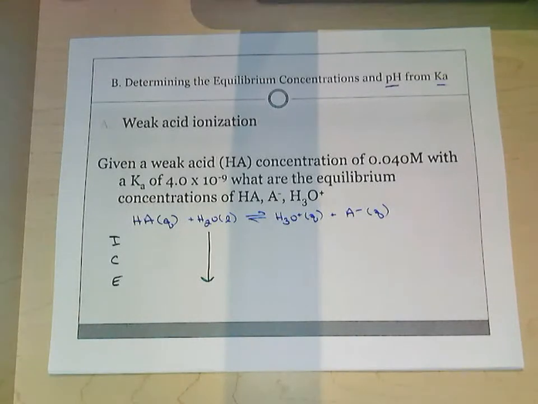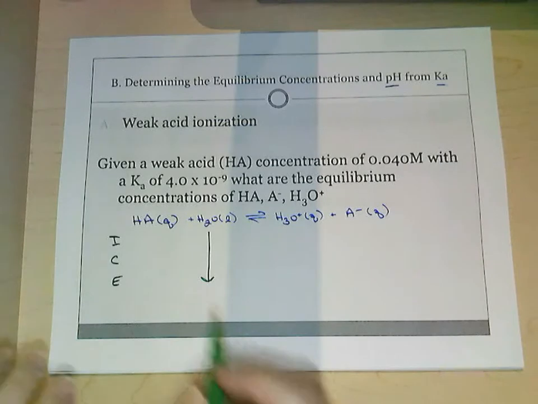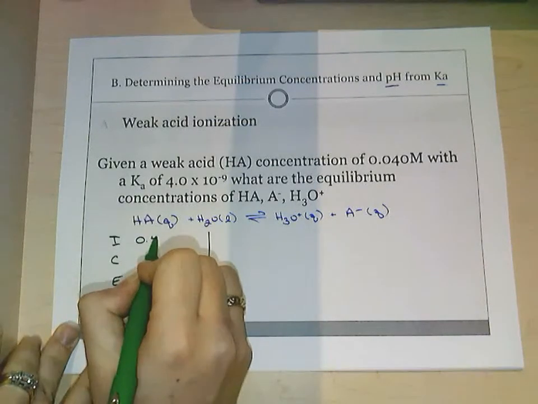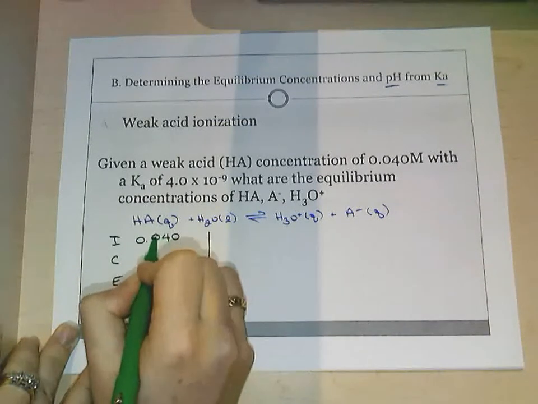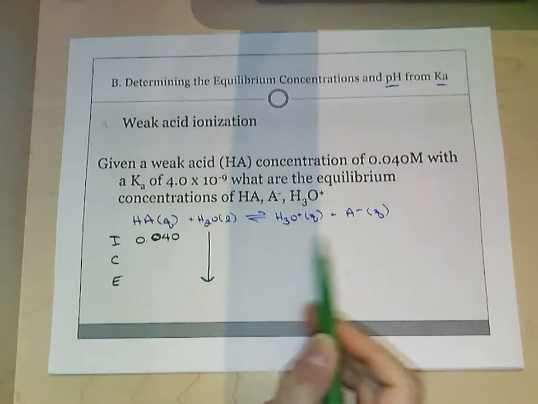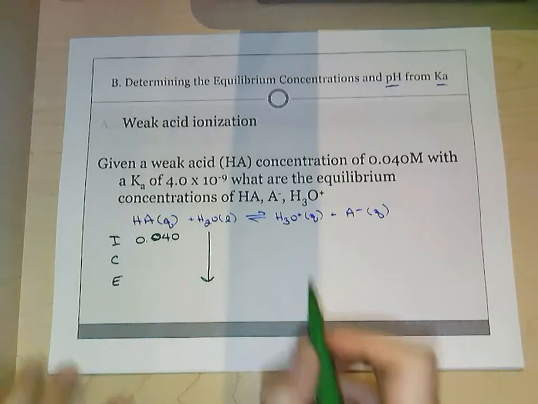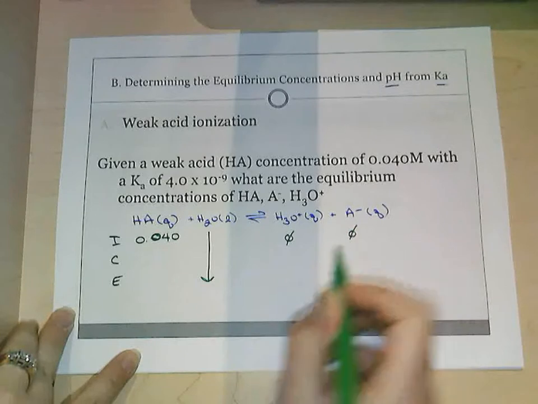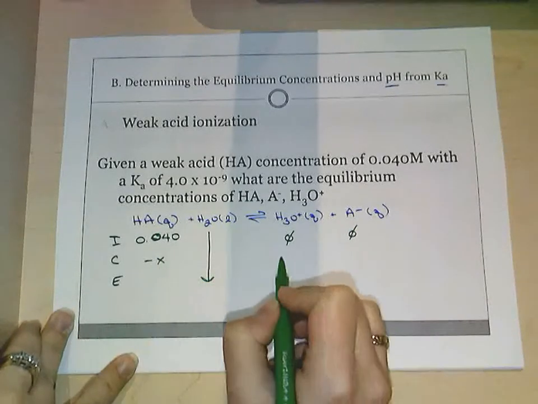So what's my initial concentration of HA in this problem? All right, 0.04. Do I initially have any of my products? No, I don't initially have any of those. All right, so we can fill in our ice chart.